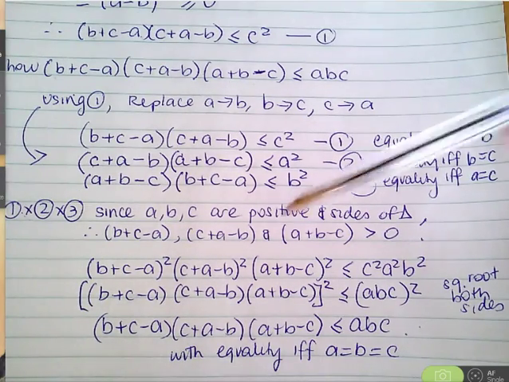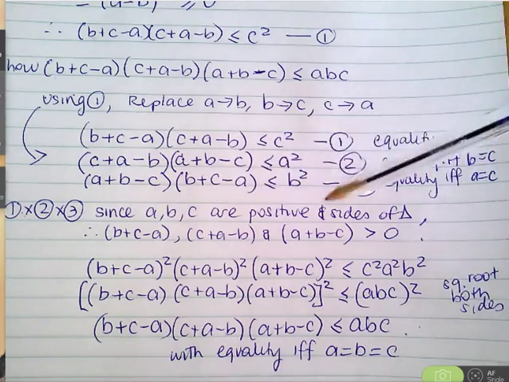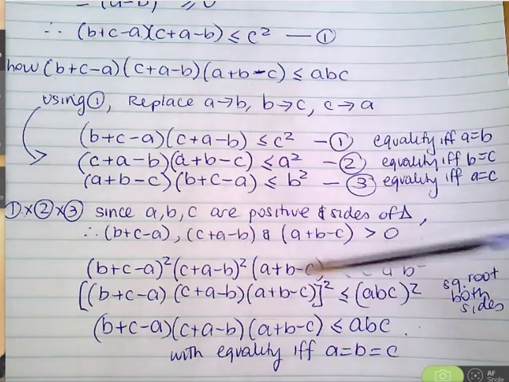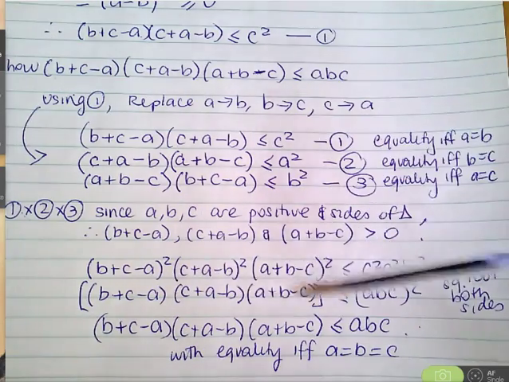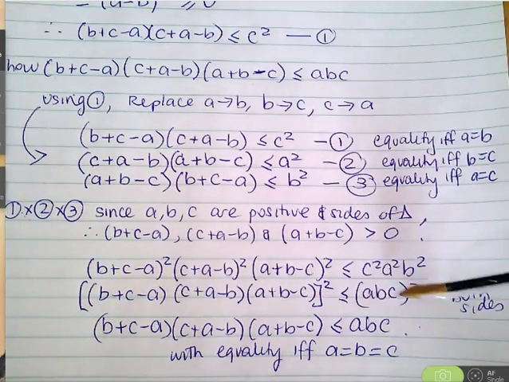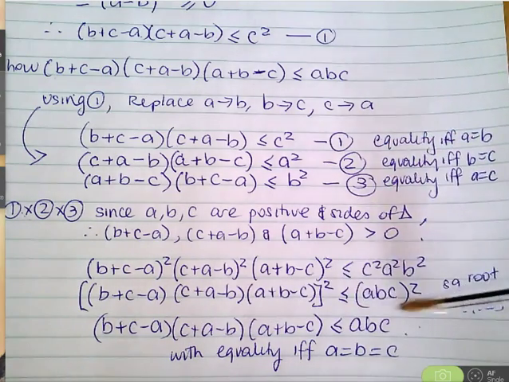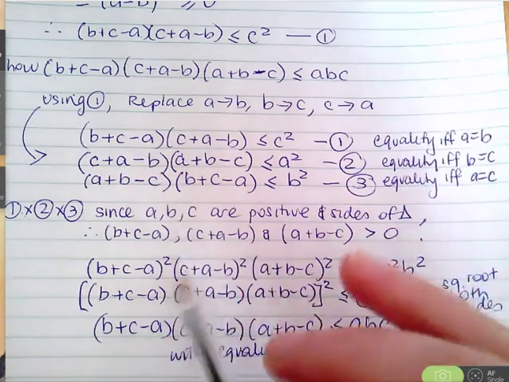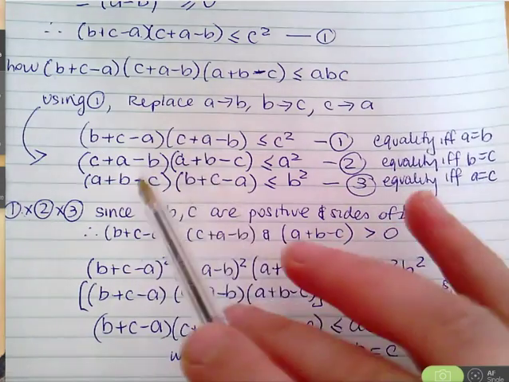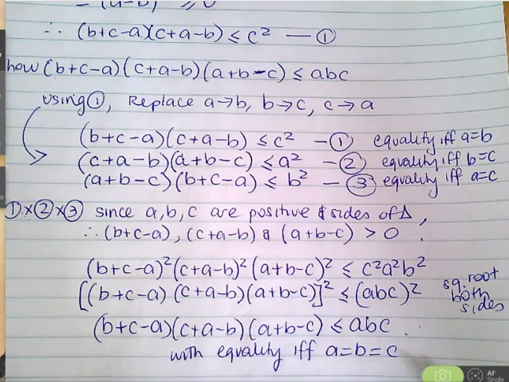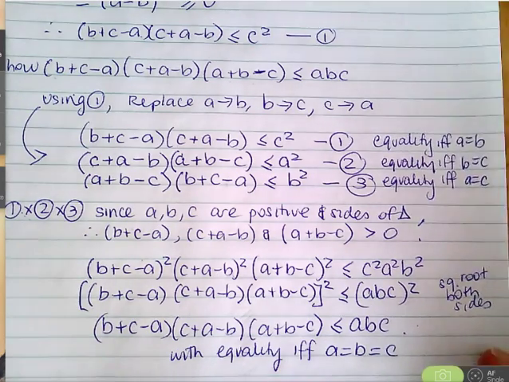And just notice in this question, it's really important that you state that A, B, C are positive, and also that the sides of the triangle would be positive, because here we know that we have a positive expression there and a positive expression there, therefore allowing us to take the square root of both sides, also allowing us to multiply the expressions here because everything is positive, and also being able to take the square root of both sides without the need to introduce absolute values, okay?